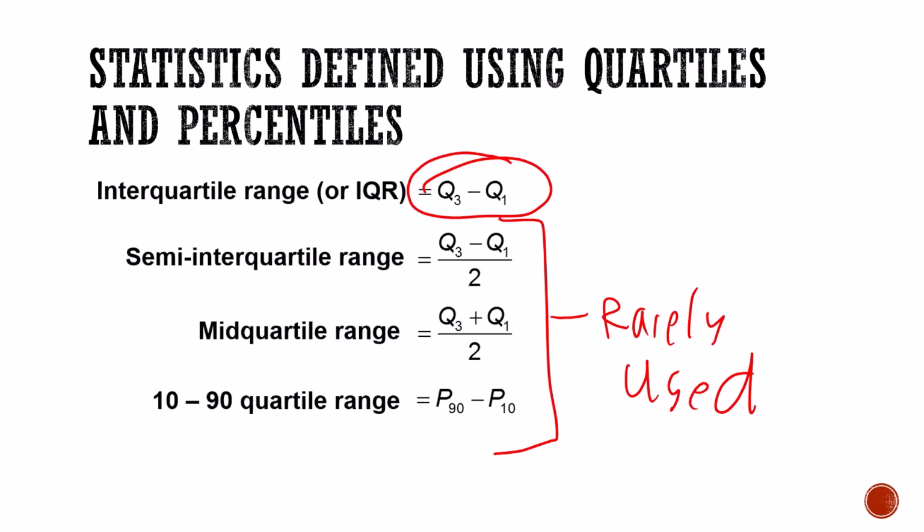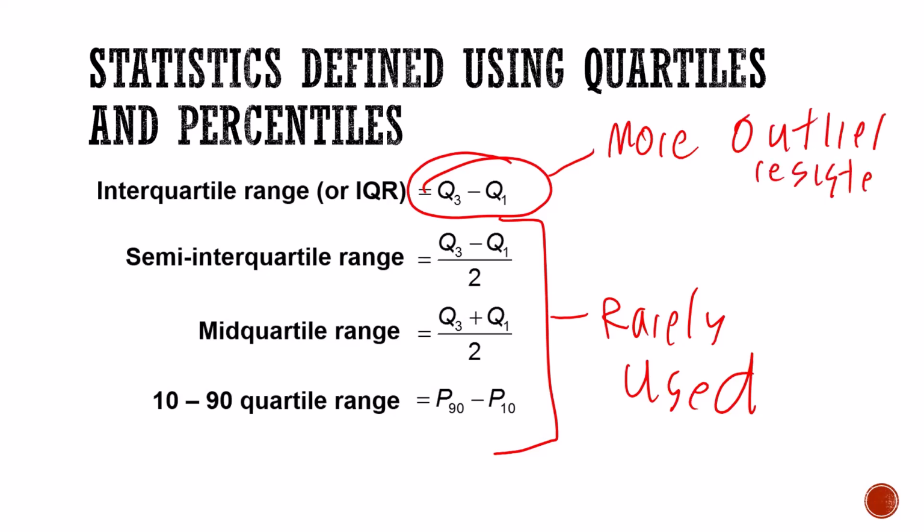Notice this has one advantage over a regular range: it is more outlier resistant, because your outliers will be numbers at the extreme left or the extreme right of your data, and this cuts them out. So imagine this set of data.